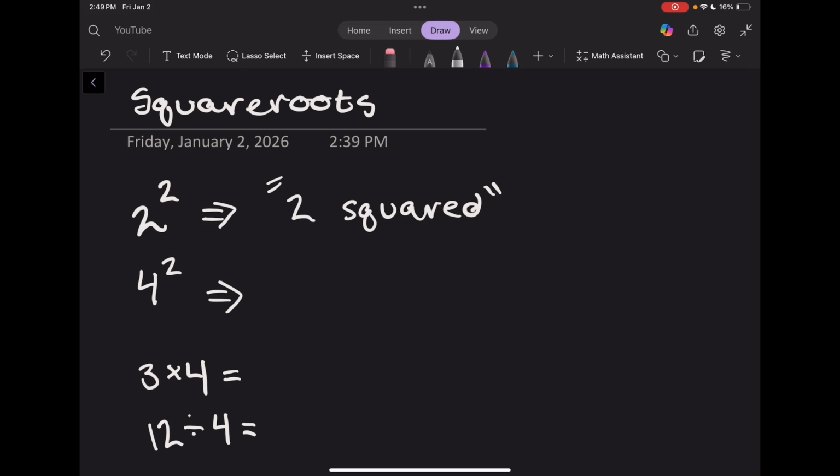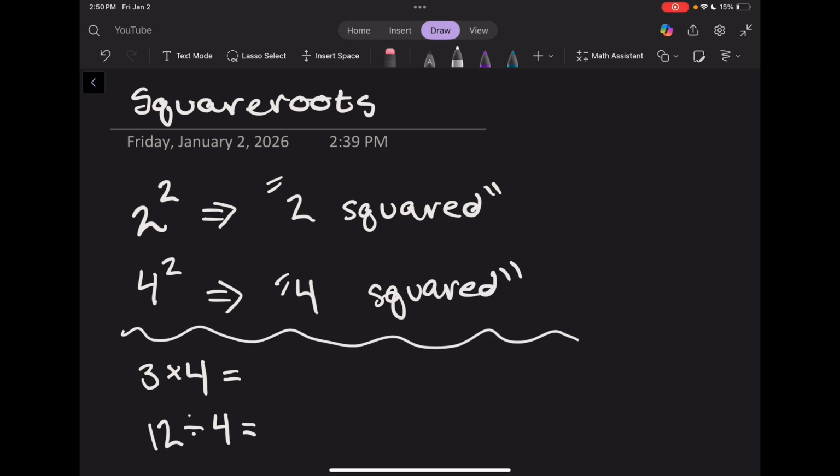And this notation is also common if you're finding the area of a rectangle. So 4 to the second power can also be looked at as 4 squared. So this concept is something that you should keep in mind while learning square roots.